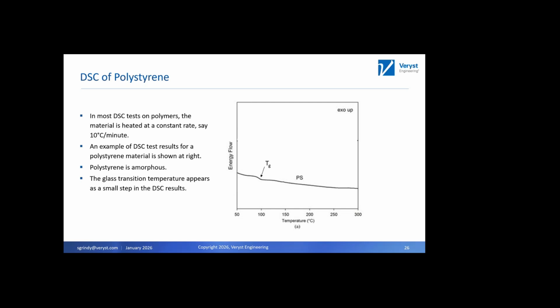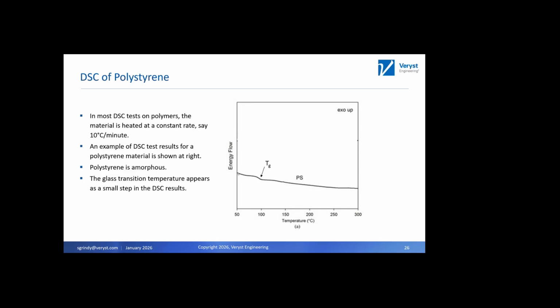So as I said, in most DSC tests on polymers, the material is heated at a constant rate. It's usually between 1 and 20 degrees Celsius per minute. And some example data that I pulled from the literature on polystyrene is shown at right. Polystyrene is an amorphous polymer, and so we don't expect any melting or crystallization.